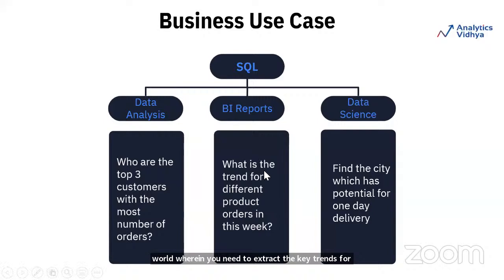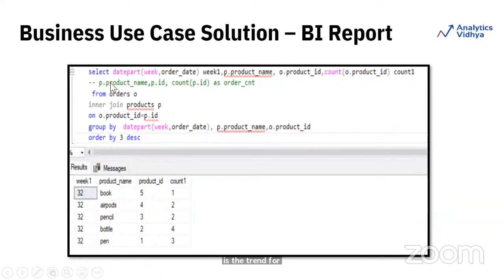So looking at this question, what is the trend for different product orders in this week? If you look at the query, we are first extracting the week for the orders that took place, and then we are getting the product name, product ID, and the count of the products. And we are joining the orders table with the products table, and then we are grouping it by each week and each product.